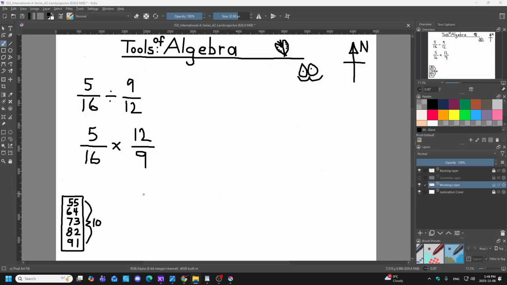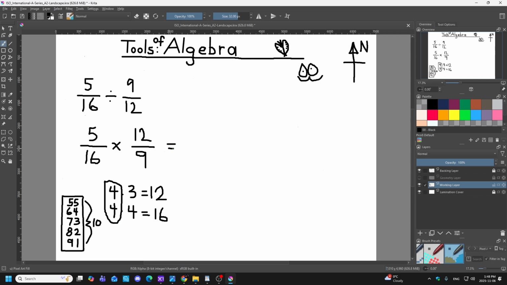Okay, common number. We need a common number between 16 and 12. That is easy. Our common number is going to be 4. Because 4 times 3 equals 12, and 4 times 4 equals 16. There's our common number.